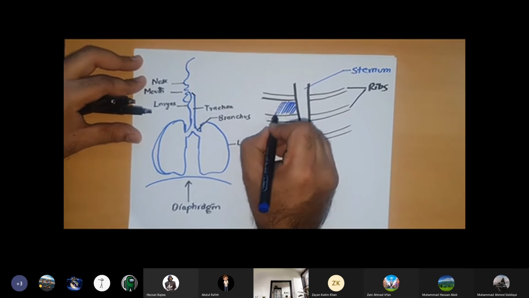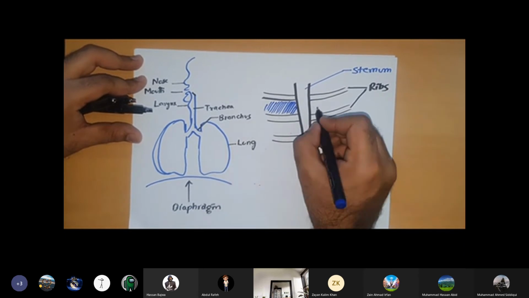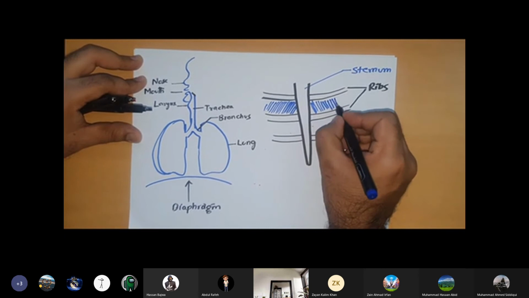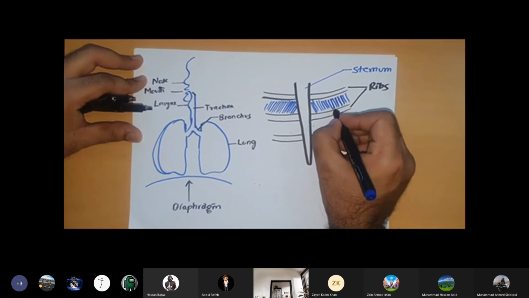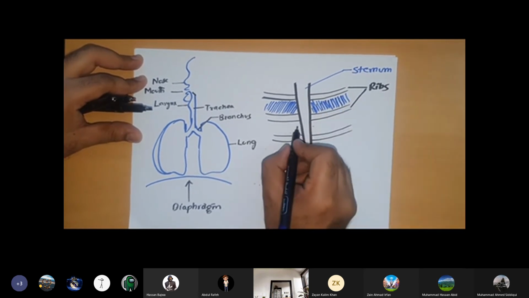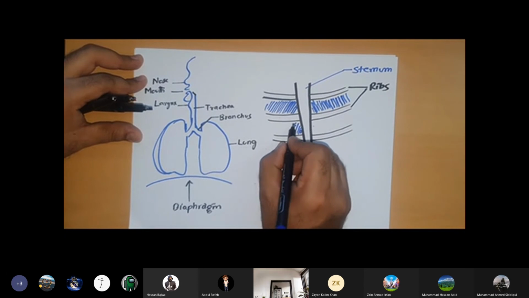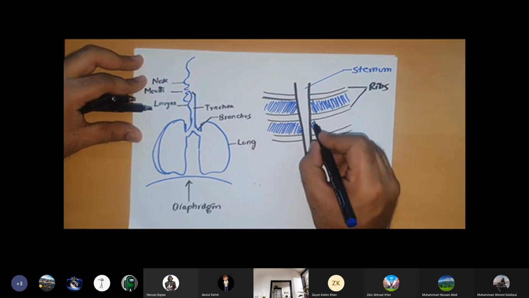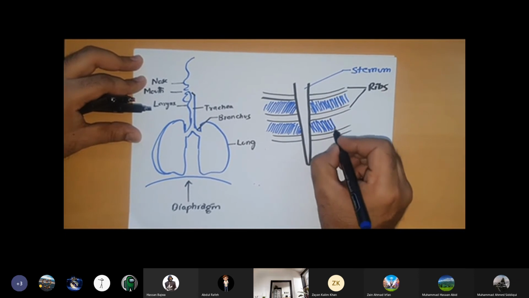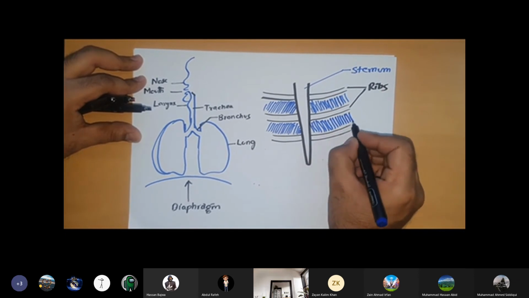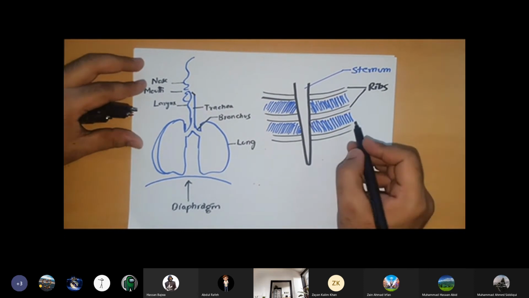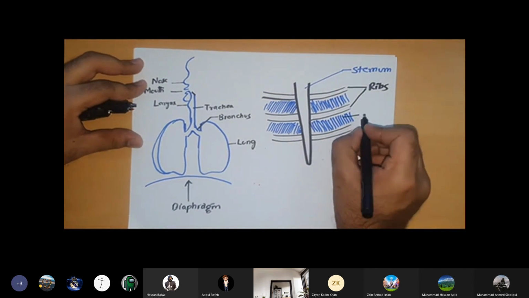They are present lower than the external intercostal muscles. So these blue lines represent the internal intercostal muscles. Let me label that. These are internal intercostal muscles.